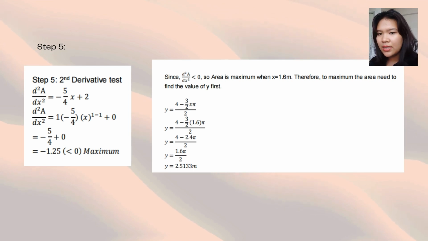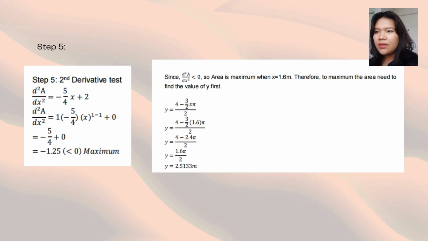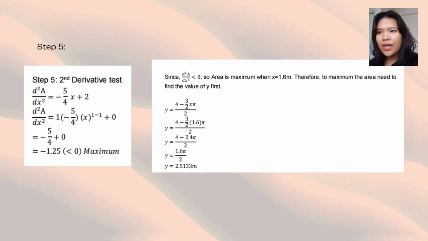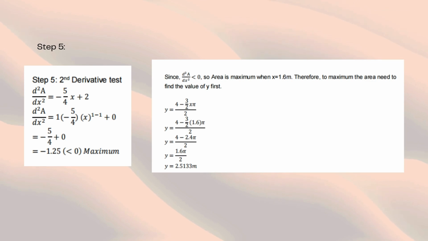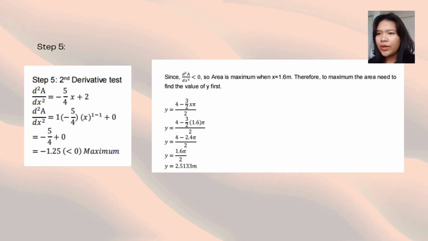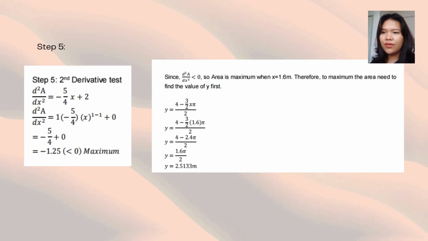To find y at the maximum area, we need to use the given equation from just now. The first thing is y equals 4 minus 3 over 2 x, all times pi over 2. Next, we substitute x equals 1.6 meters into the equation, so it becomes y equals 4 minus 3 over 2 in brackets 1.6, pi over 2.